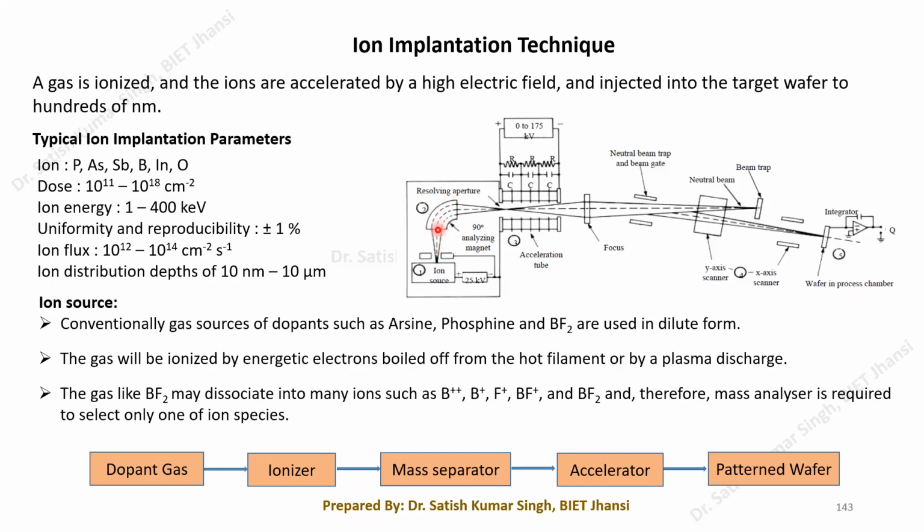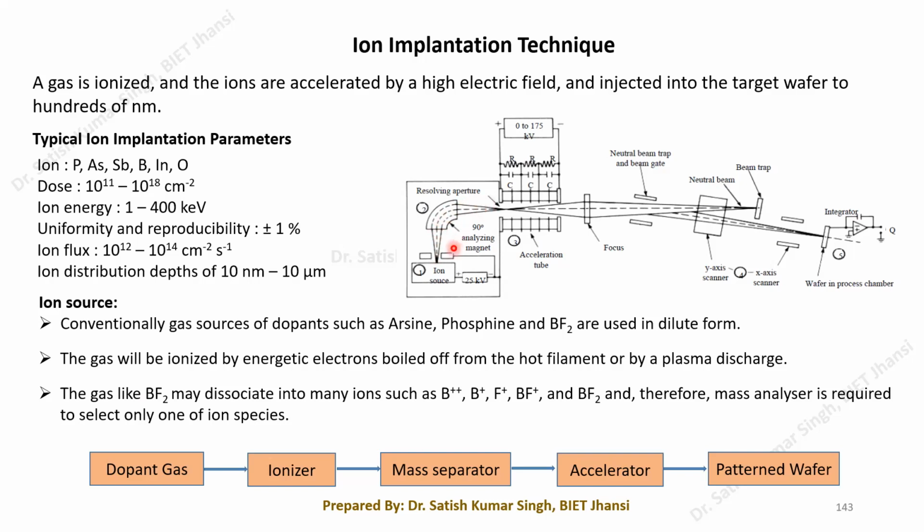As we know, according to the Lorentz force equation, a moving ion or charged particle in a magnetic field will experience a force, and based on the force, its path will get deflected. The arrangement of the magnet will be such that it will be deflected in this particular direction.